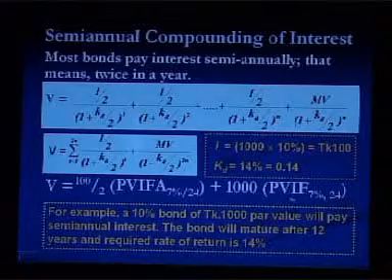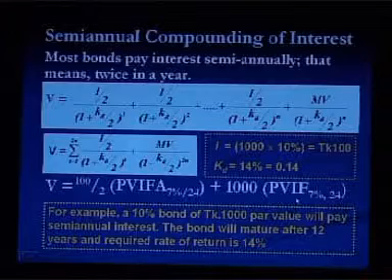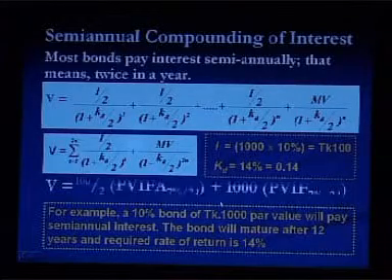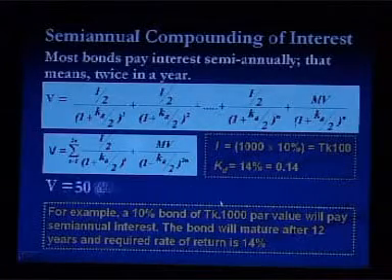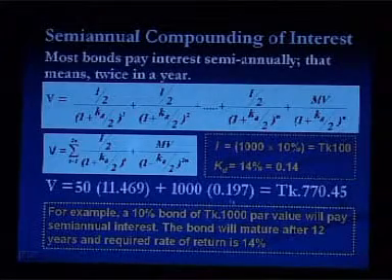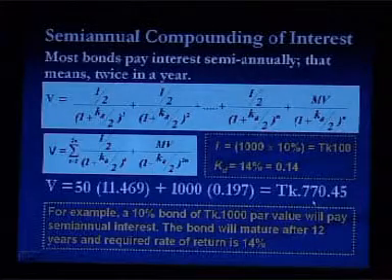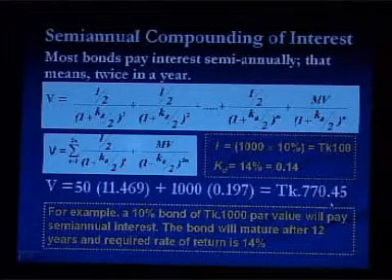So, you can find the value of the present value interest factor of annuity and the present value interest factor of lump sum from the table, and the value can be put in the equation, and you will find that the value of the bond will be taka 770.45.